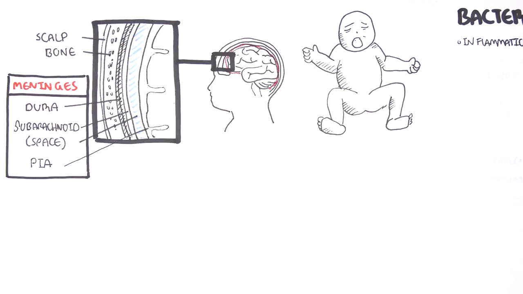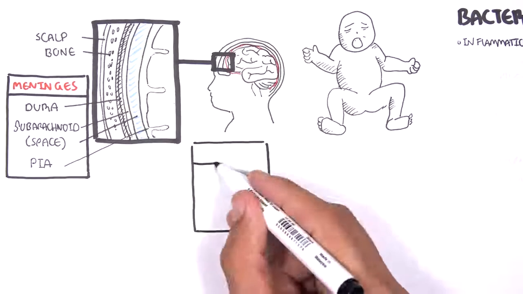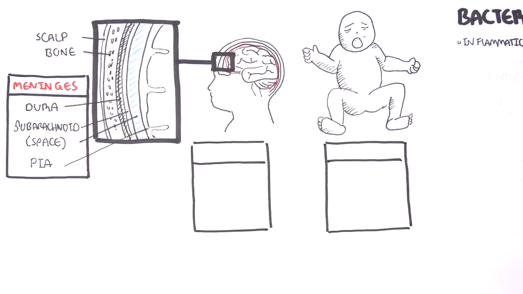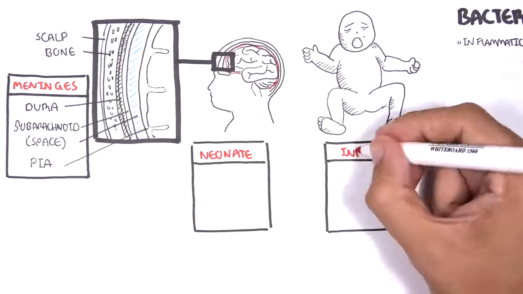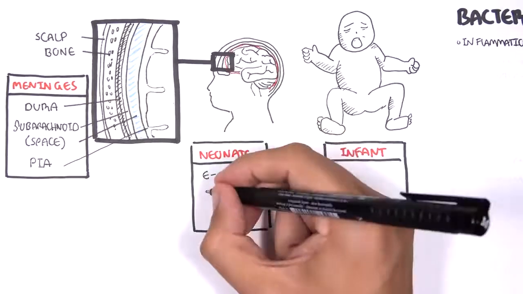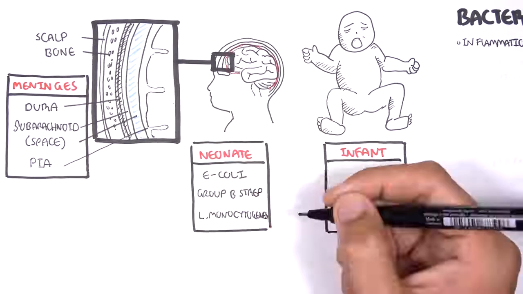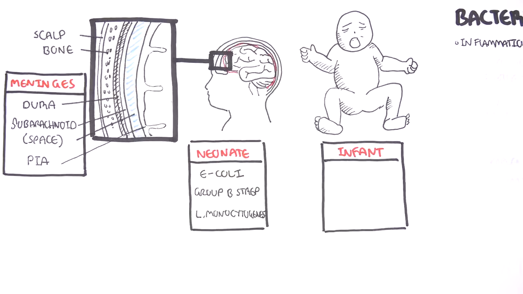So what are the causative agents? Well, let's look at the common causes in neonates and in infants. Common causes of bacterial meningitis in the newborns, in the neonates, are E. coli, group B streptococcus, and Listeria monocytogenes. Now, group B streptococcus and E. coli essentially can be obtained from the mother during the delivery when the baby is delivered through the vagina.